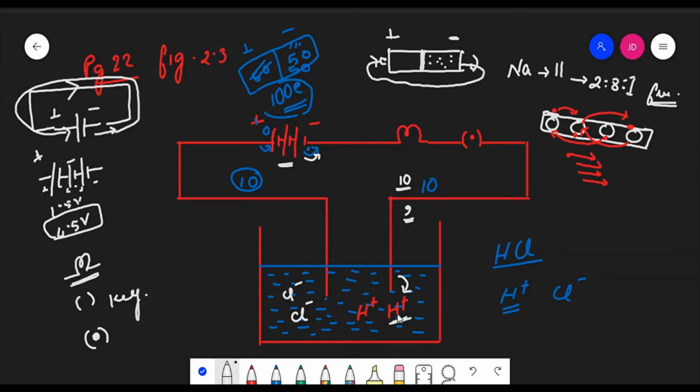Next, this H was H plus, it took 1 electron, so plus and minus it became how much? 0. Now it is H, and this H will come here. On this side, the positive was ready to accept electrons because it did not have any, but this wire was not allowing any electrons to pass because the capacity of the wire was how much? 10.